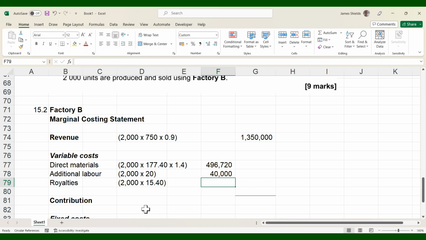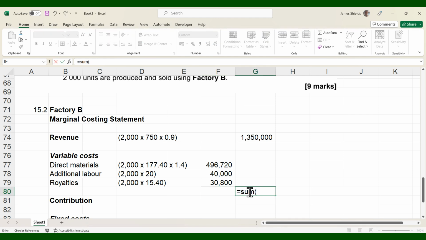The royalties, again, we've got 2,000 units, and it's £15.40 per washing machine. So you have 2,000 times 15.4. The royalties are £30,800. So for the total variable costing in factory B, I'm going to combine together the direct materials of 496,720, plus the additional labour of 40,000, plus the royalties of 30,800.